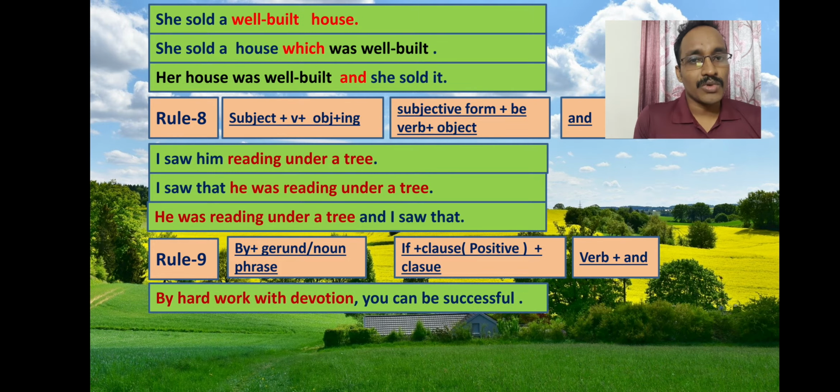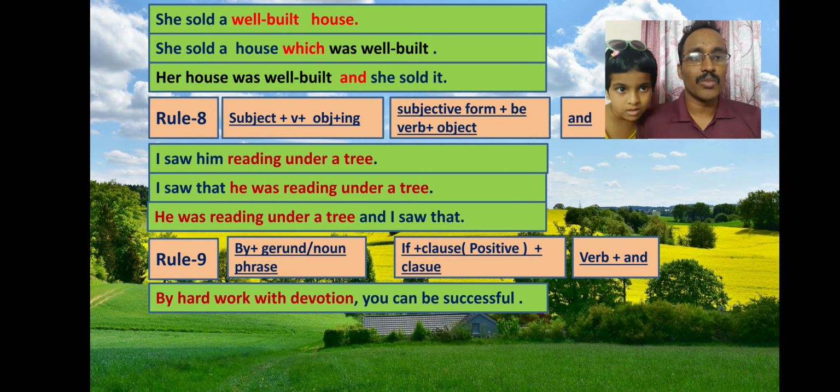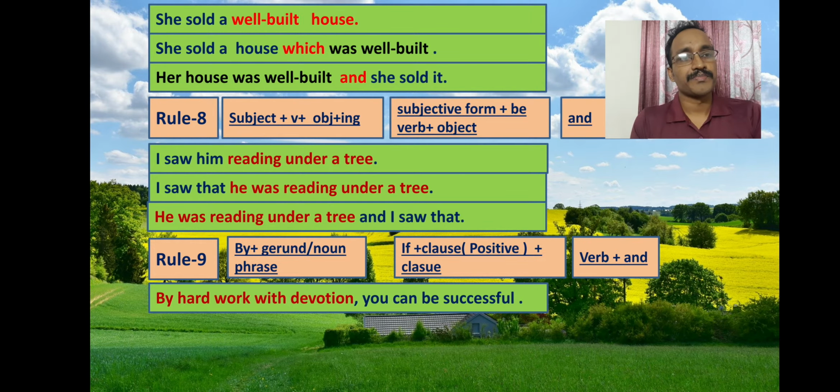So see the example, by hard work with devotion you can be successful. By hard work with devotion, here by plus we see a noun phrase. By hard work with devotion you can be successful. So you can be successful will remain as usual, but the first portion will be turned into a clause, and that clause should be positive, and this should be joined with if.